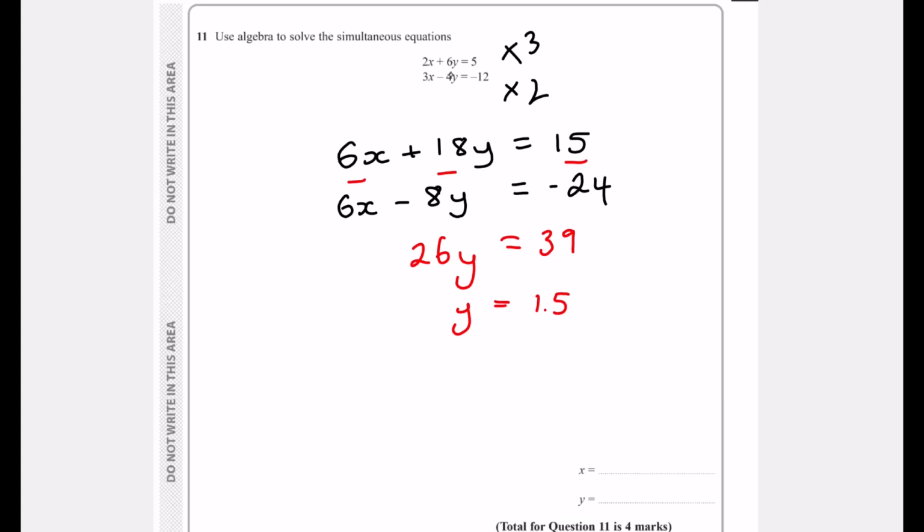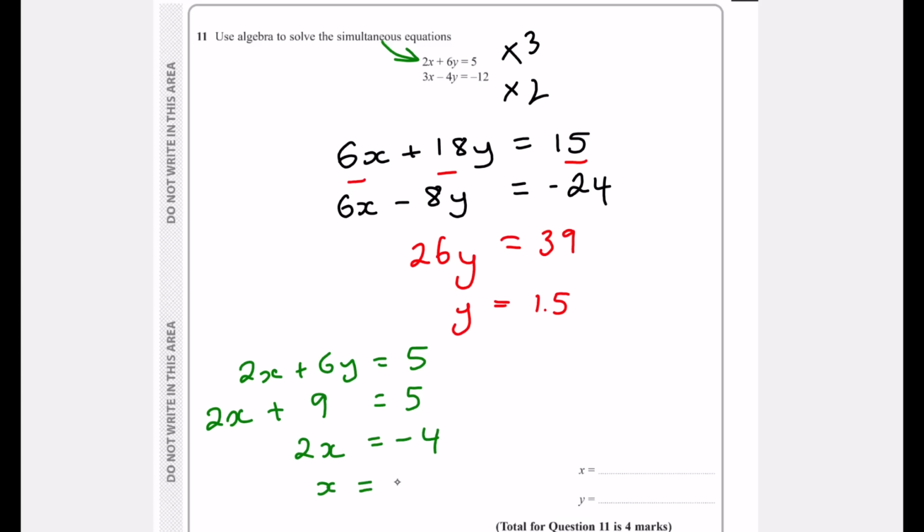I'll use the top equation, the very top one. So 2x plus 6y equals 5. But y is 1.5. So 2x plus 6 times 1.5, 6 and a half... 9. Then I'm solving, so take away 9 from both sides and half both sides.